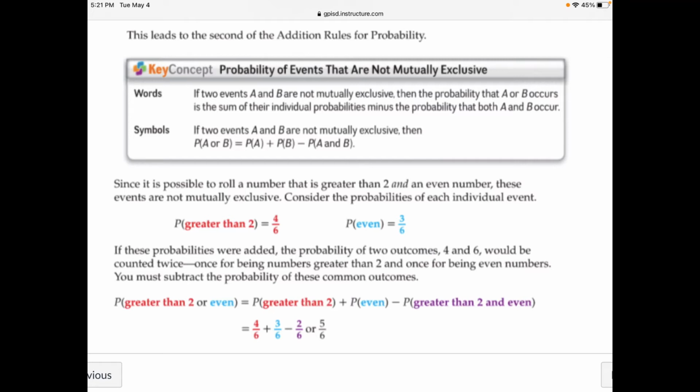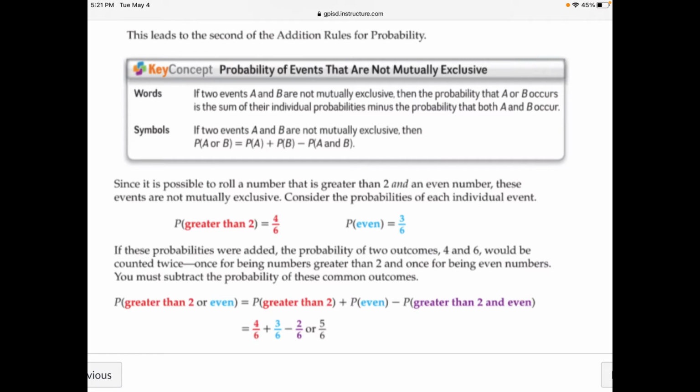So let's take each individual event. What is the probability of getting a number greater than 2? Well, greater than 2 would be 3, 4, 5, and 6. That's 4 out of the 6. What's the probability of getting an even number? Well, that would be 2, 4, 6. That would be 3 over 6. But if these probabilities were added just like we did in the previous example, the two outcomes, 4 and 6, would be counted twice.